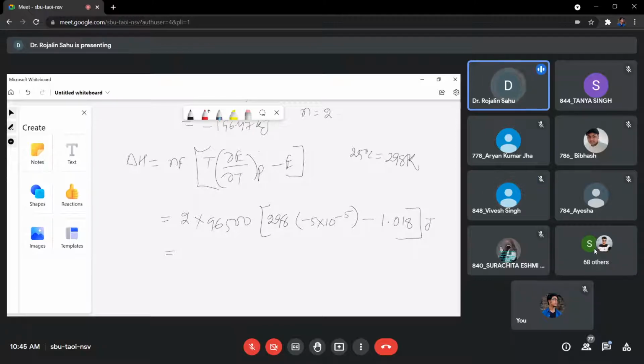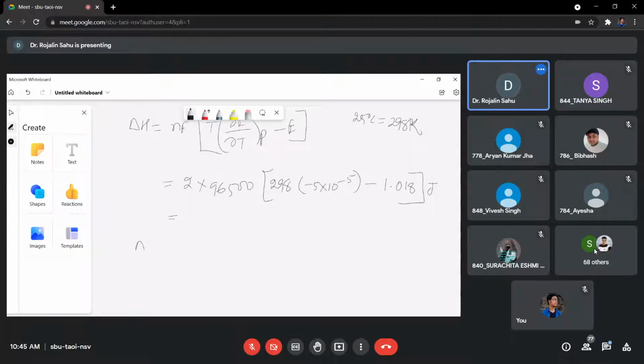Similarly, del S is equal to NF del E by del T at constant pressure. So the value of N is known, F is known, del E by del T at constant pressure is also known. I think del S can be calculated, isn't it? Yes, ma'am. Everybody can solve this type of questions if you get them in your exam.